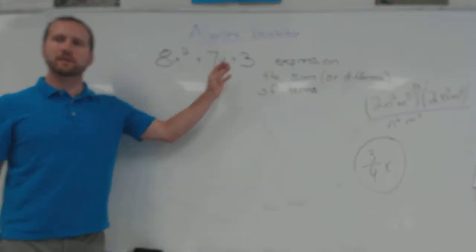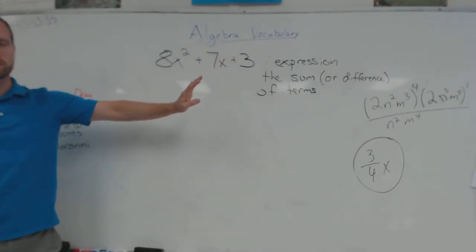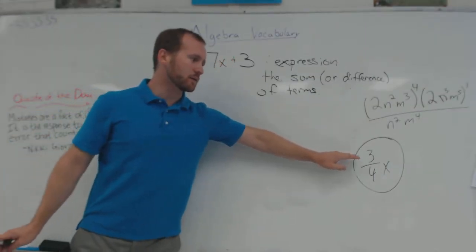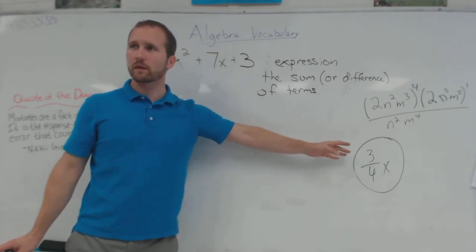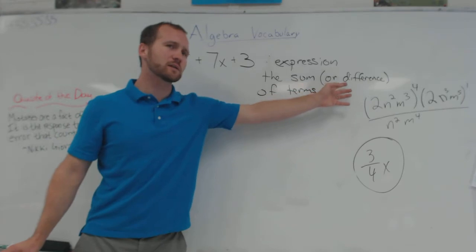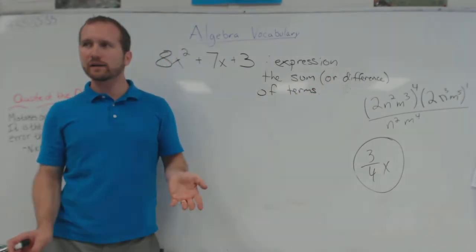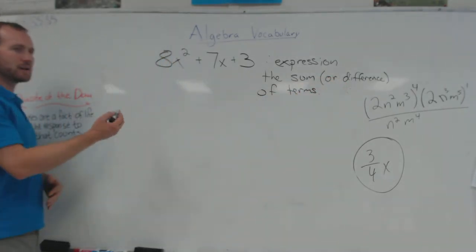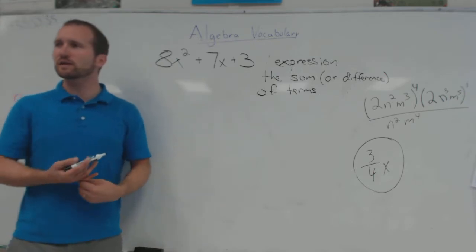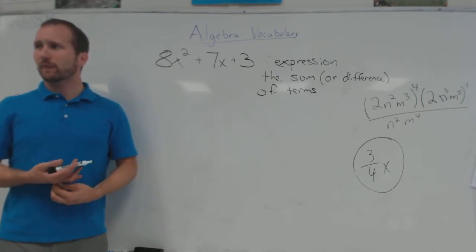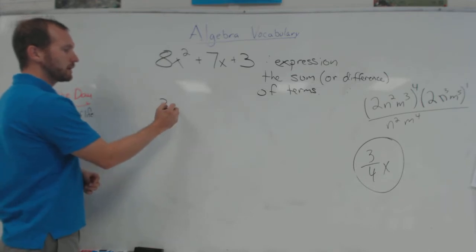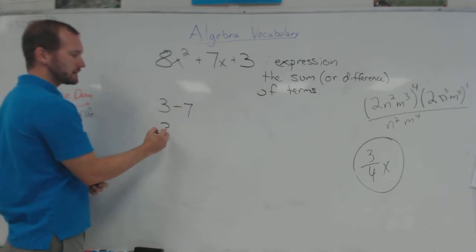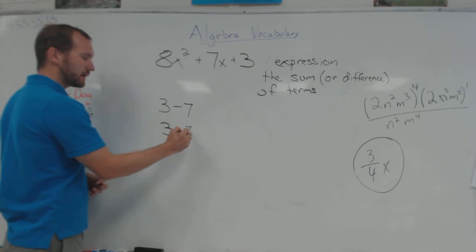And one thing that I'm kind of hoping you guys are picking up on, we talked about division being part of one term, and I'm saying sum or difference in parentheses. In algebra, multiplication is division, right? Division is multiplication. And subtraction is addition. So if I say 3 minus 7, that's the same thing as 3 plus negative 7.